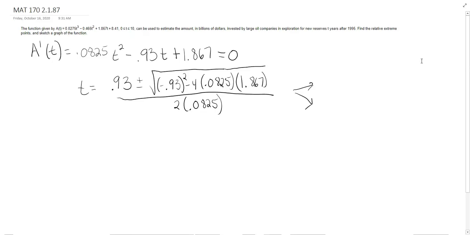Going to the calculator, for the 0.93 plus I get 8.6593, and when I do the 0.93 minus, I get 2.6134.